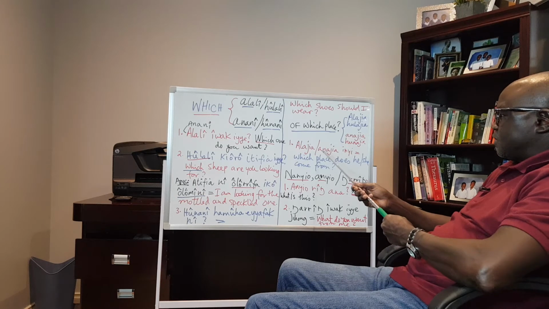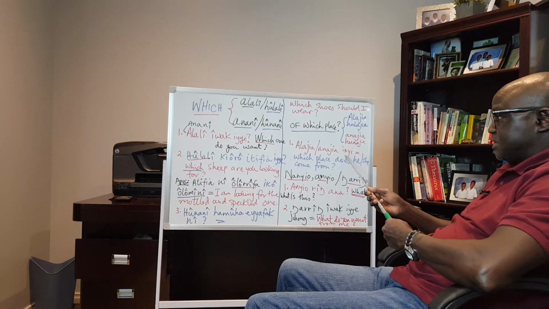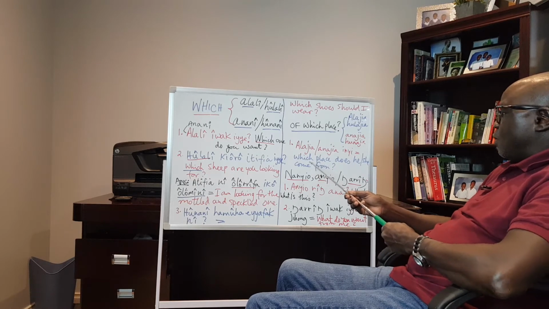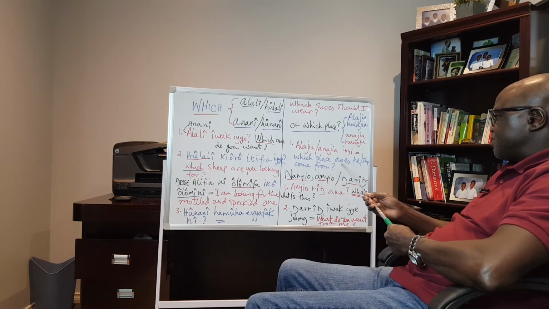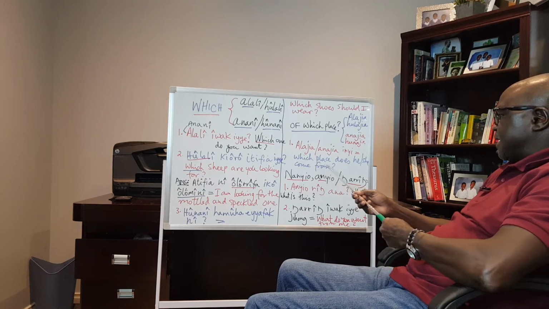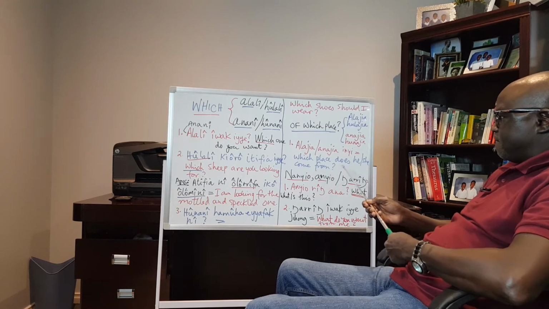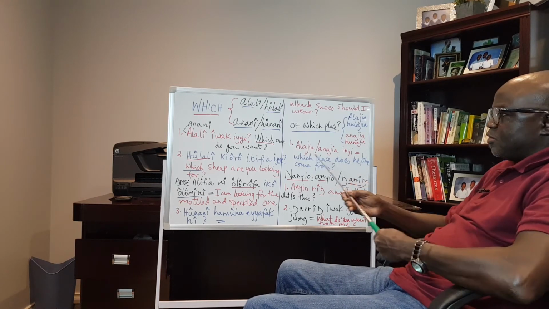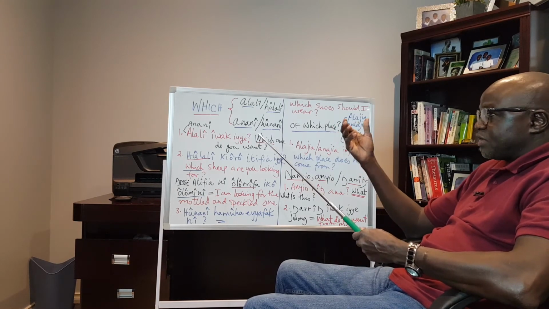Also here, ananî is the same because it's he, she, or it. The translation in English is: which place does he or she come from? So that's alaja iyye. Now you're trying to ask someone where this person comes from.